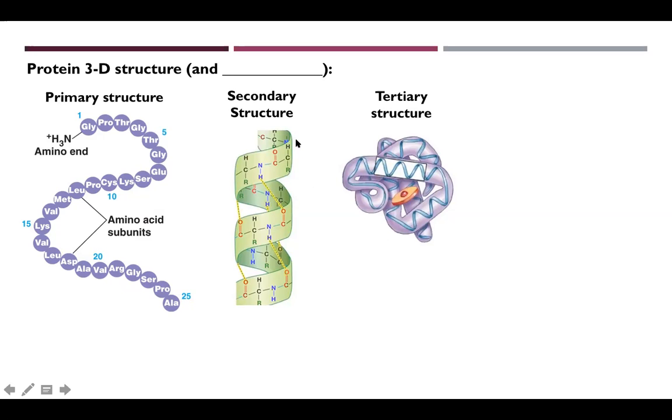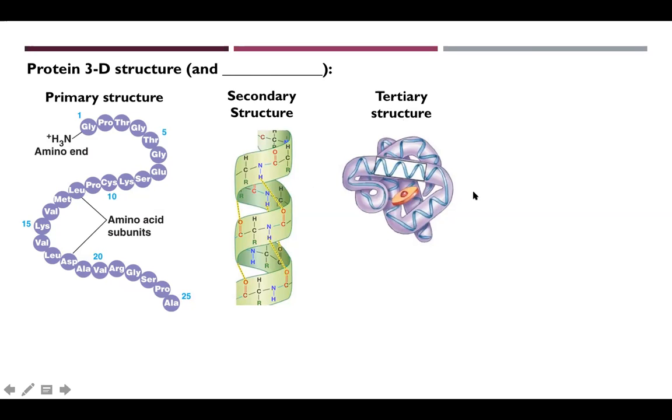After the secondary structure, we have the tertiary structure. And with this is when we start to see some of those functional groups, such as being polar or non-polar, or hydrophobic and hydrophilic, come into play. So this is when it starts to twist into a specific shape based on the different functional groups.